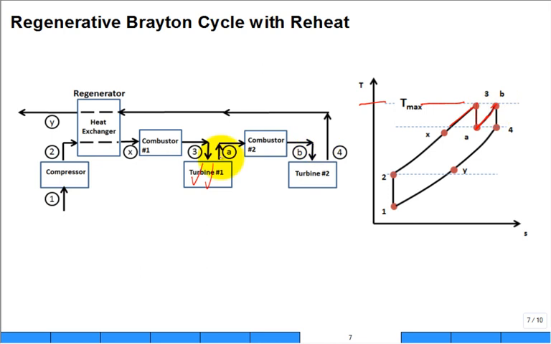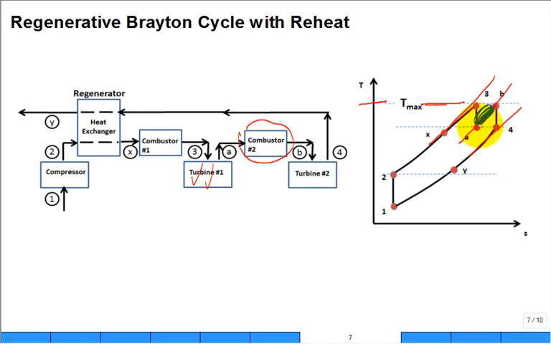It's at a lower pressure. Notice this line of pressure is your highest. You have an intermediate pressure and a low pressure now. At that intermediate pressure, you put it through another combustor, bring it back up to the maximum temperature, expand, and so you're bringing in more heat right in that reheat at high temperature. Good for cycle efficiency.